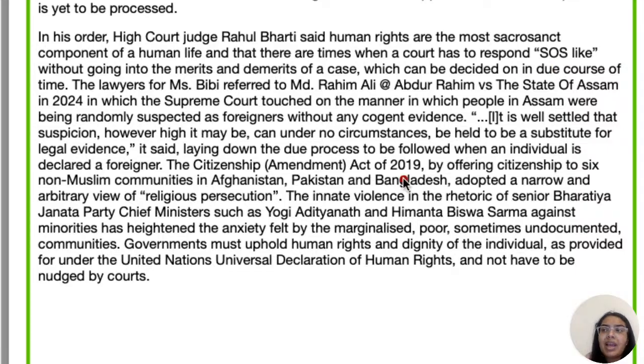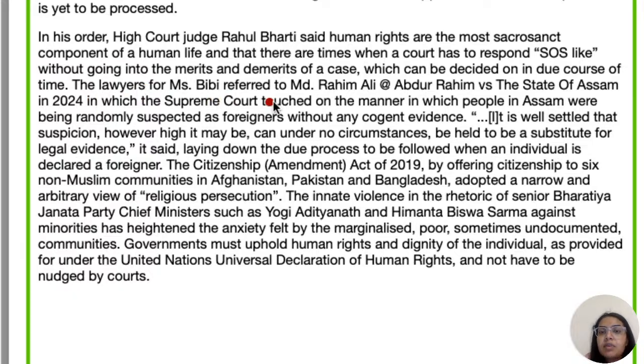SOS का मतलब होता है something given or done when it is needed, not like a regime. Without emergency में जो दिया जाता है, without going into merits and demerits of a case, which can be decided in due course of time. So उनको उस समय के लिए तो SOS basis पर, urgency के basis पर कुछ निर्णय लेना पड़ता है, but the whole case full-fledgedly can go on along with the time.